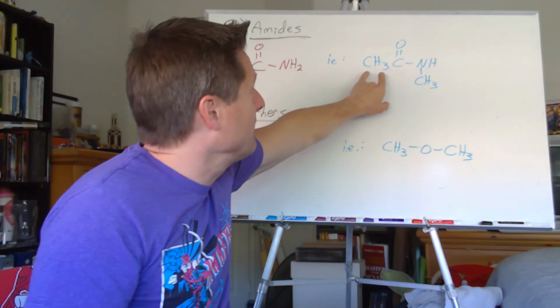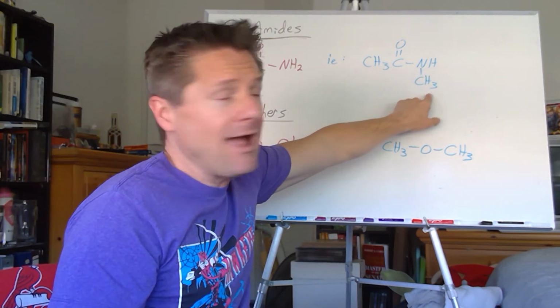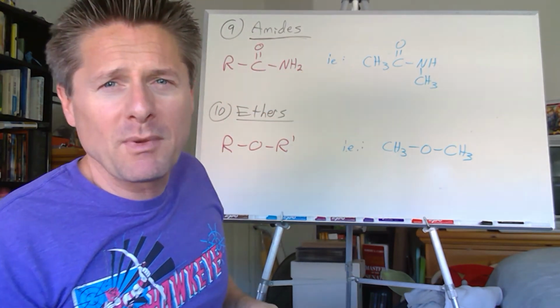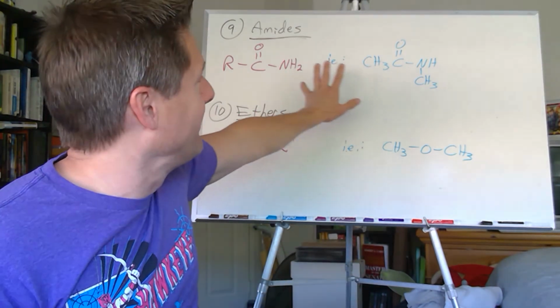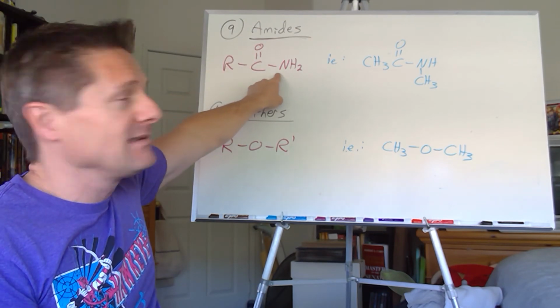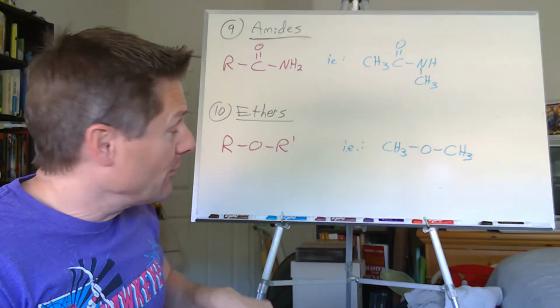So for example, here we've got the methyl group on this side. We've got the nitrogen there with a methyl group hanging down. That could be NH2. I could replace both of those hydrogens with different carbon-based groups. They can get pretty crazy. Naming those, not so fun, so not important. But you get that amide, you get the C double bond oxygen, C single bond nitrogen there. So you can see what makes it unique versus the other ones.